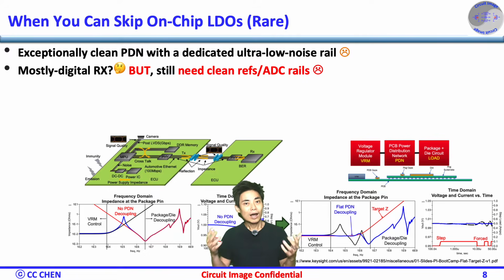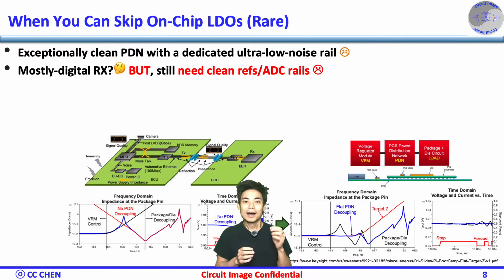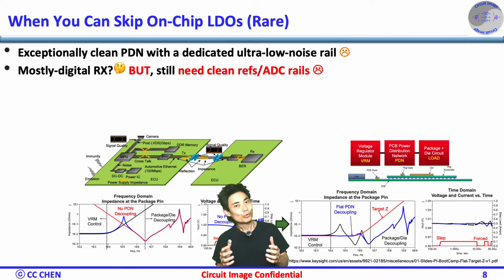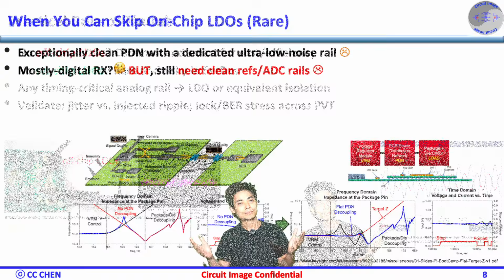These are more tolerant to noise, but even they still require a clean voltage reference for their ADC. In either case, skipping the LDO is a significant risk that requires extensive lab validation to ensure you don't face late-stage failures where the noise assumption breaks.